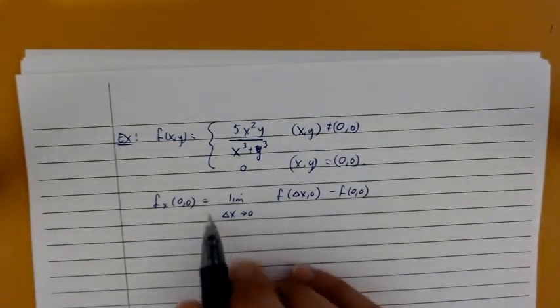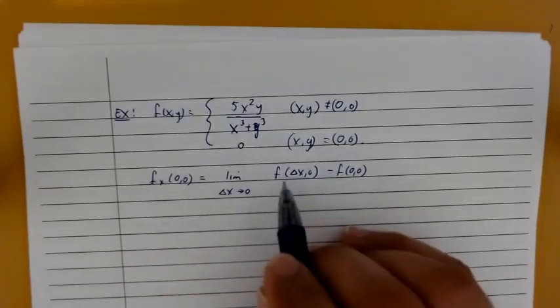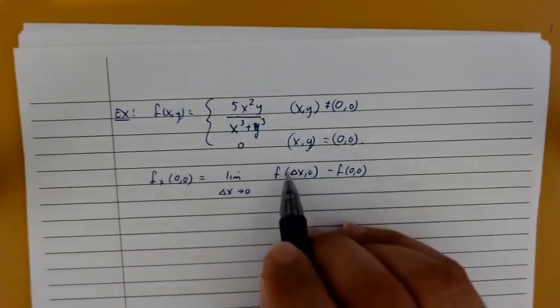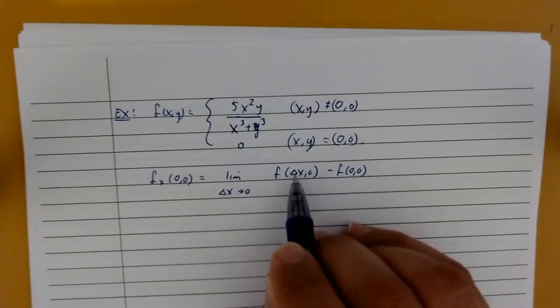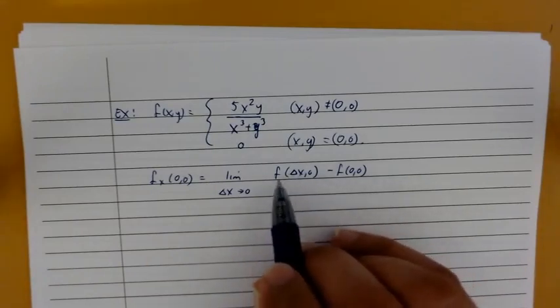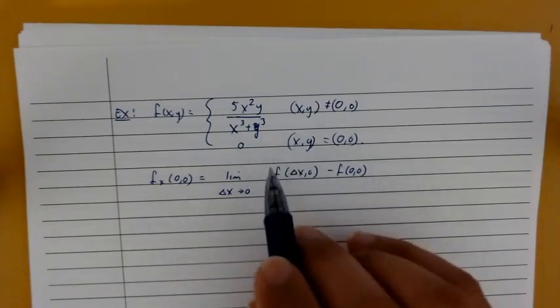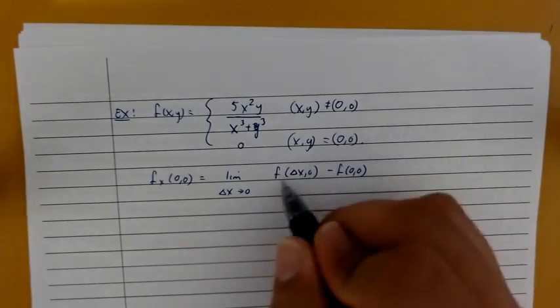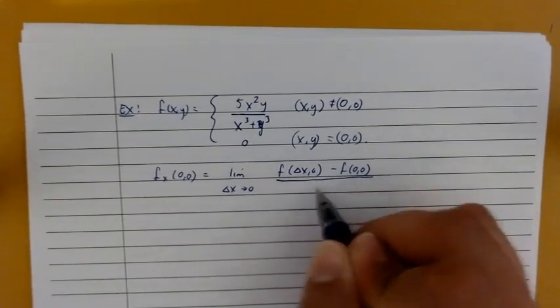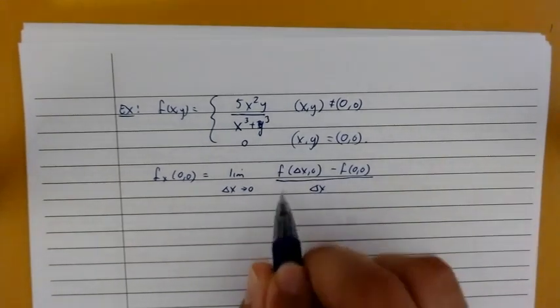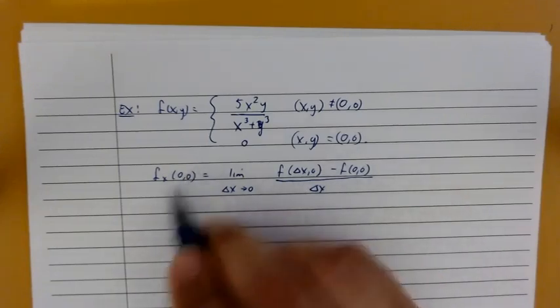Here's our definition of the partial with respect to x. Here, really, I should write 0 plus delta x, but, well, 0 plus delta x is just delta x. So here, I've gone ahead and written my definition using that particular point.